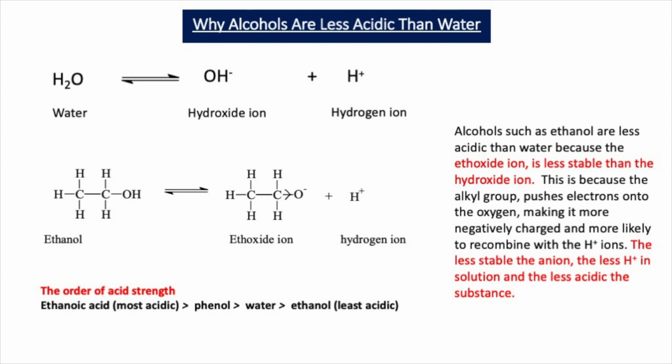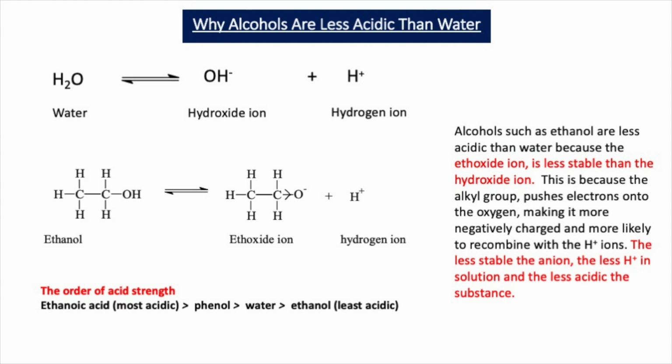So to summarize, ethanoic acid is more acidic than phenol, which is more acidic than water, which is more acidic than ethanol. And the reason that ethanoic acid is more acidic than phenol, water and ethanol is because it has the most stable ion.